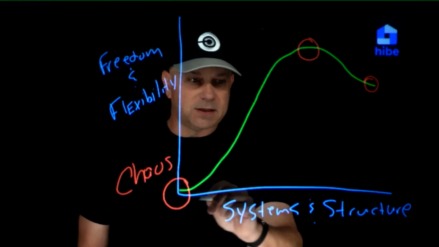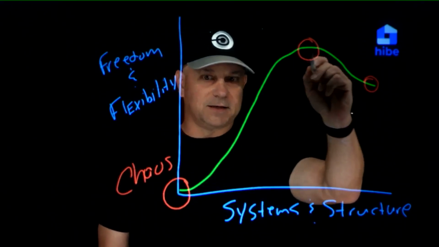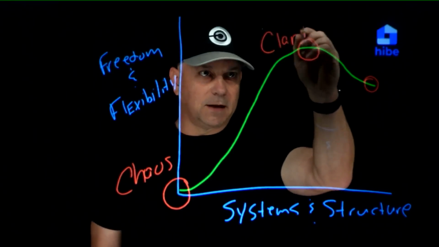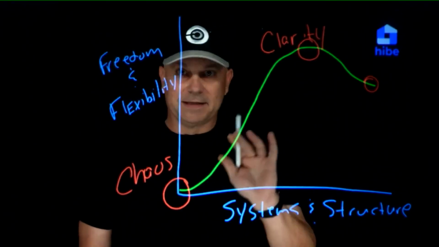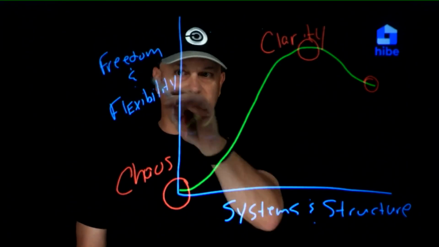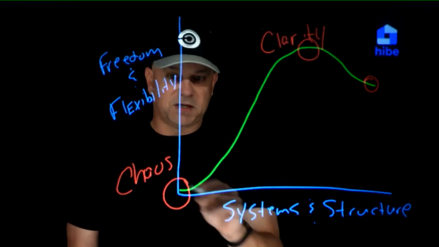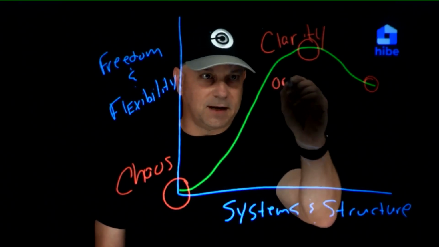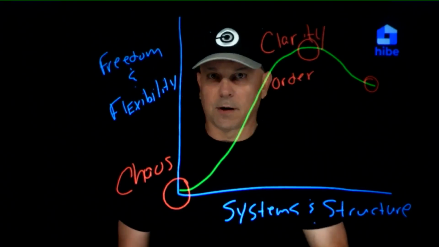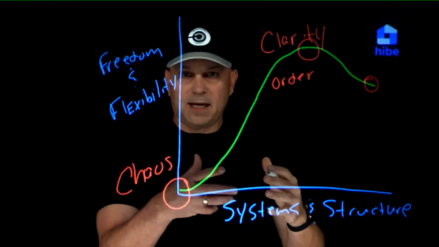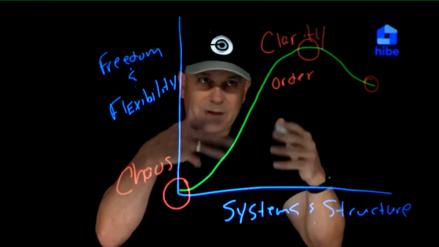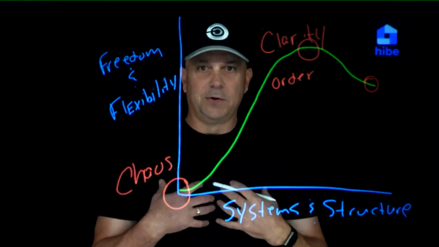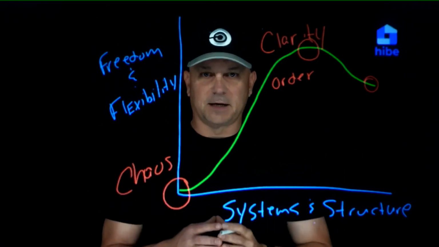As we build our systems and processes, we want to get to this all important thing called clarity. Clarity is the difference between you achieving freedom and flexibility or experiencing chaos. You end up getting the important thing, order. When we have order and people know what they need to do and when they need to do it, you're no longer the Google of all things contracting.